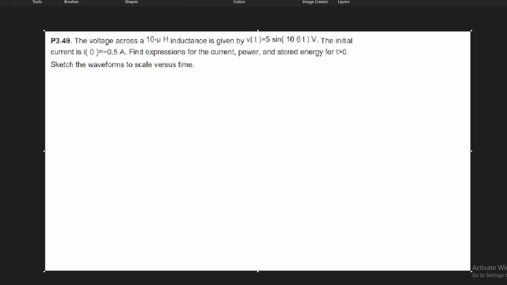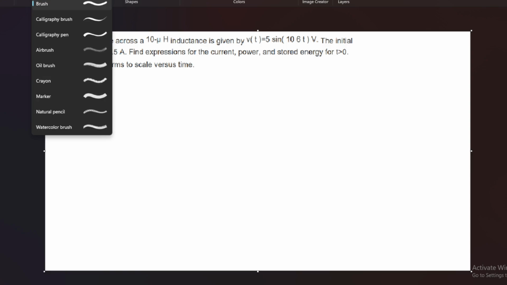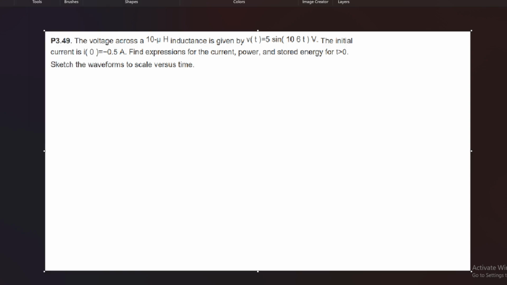Hello guys, this is problem 49 from chapter 3 homework, and the prompt is the voltage across an inductor. So we're actually going to go ahead and highlight some of the key points here, or just underline them at least.